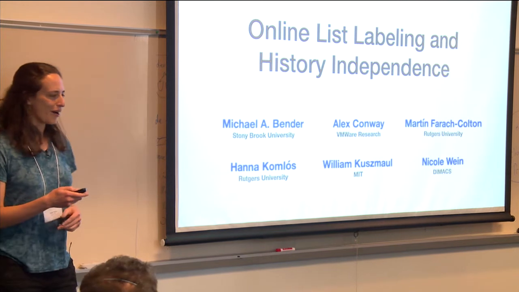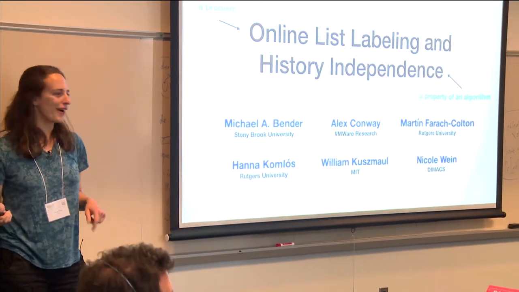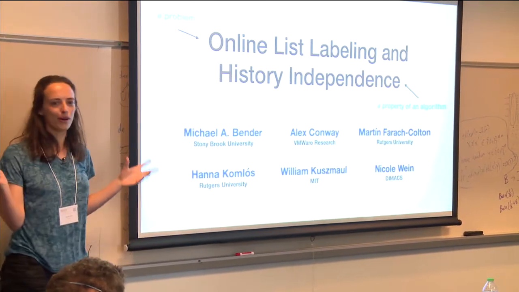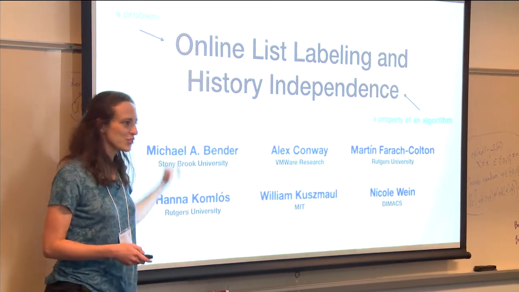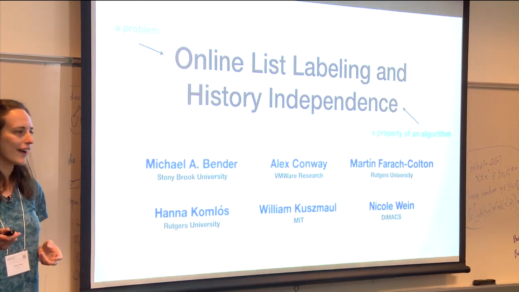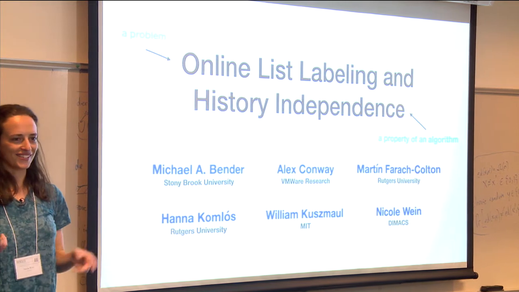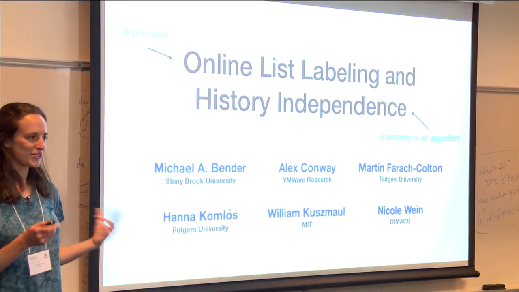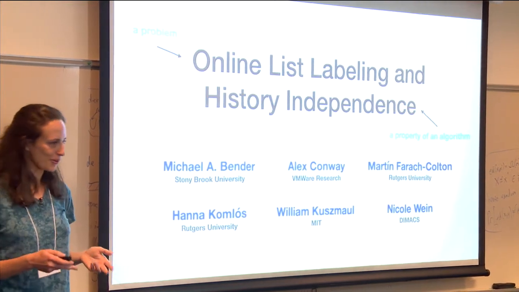So let's get started. The two things I'll be talking about: one of them is online list labeling, and this is a problem that I'll define. The other one is this idea of history independence, and this is a property that an algorithm can have. The goal of this talk is to convince you that history independence is an interesting thing to study, both in terms of upper bounds and lower bounds.